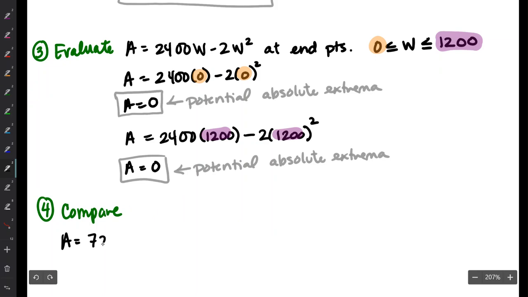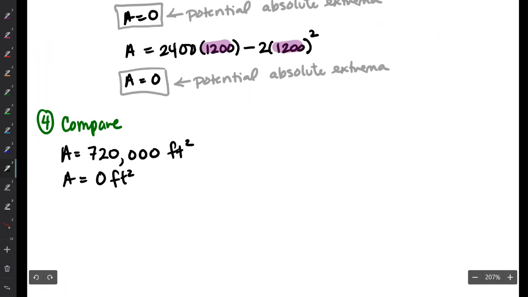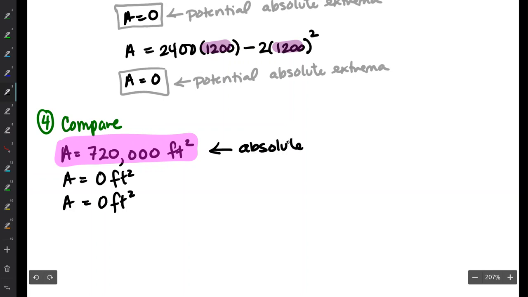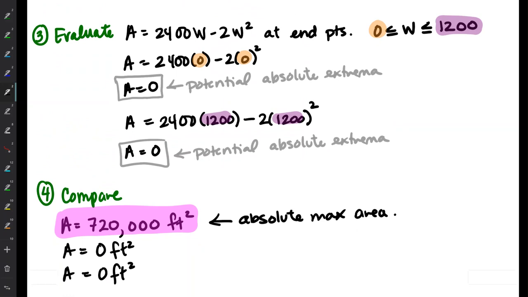The 720,000 square feet and the zeros. Clearly, the biggest one here, that's our absolute max area.